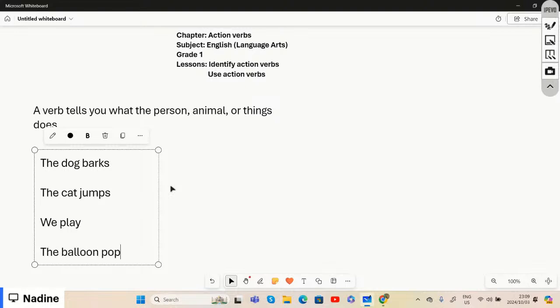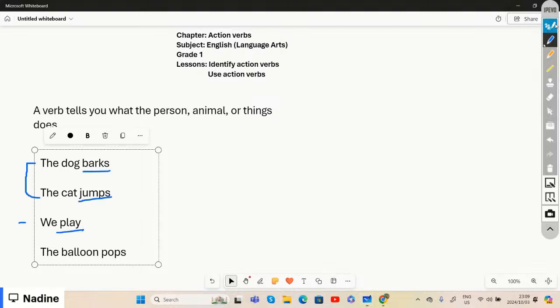The balloon pops. So the balloon pops, right? So which means that this word pops basically tells us what the thing does. It tells us what the thing does. So those words barks, jumps, plays, and pops, those are action verbs.